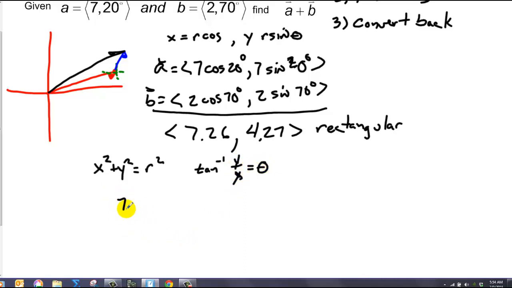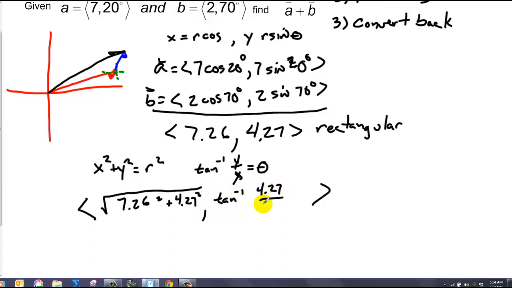I've got 7.26 squared plus 4.27 squared, all rooted. And then I'm going to have the arctan of 4.27 over 7.26. That's going to get me about 8.42.